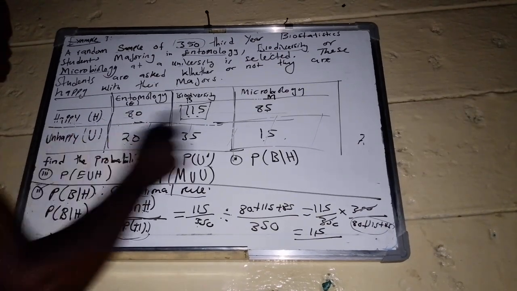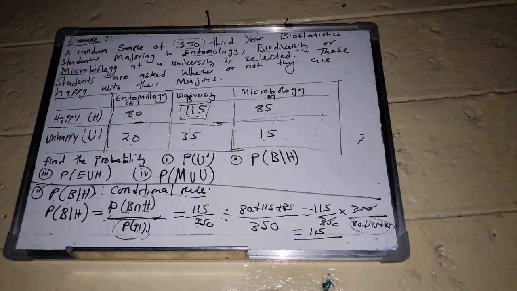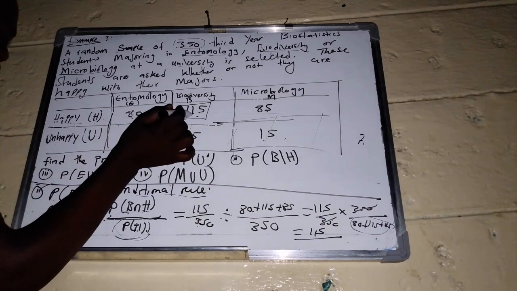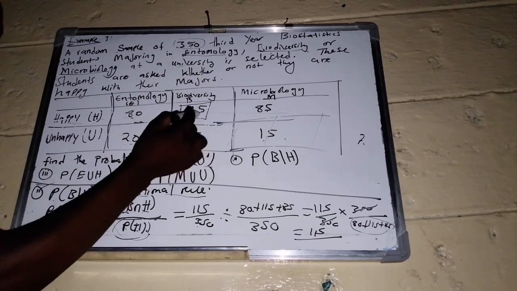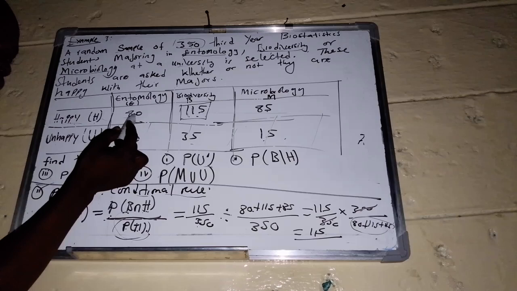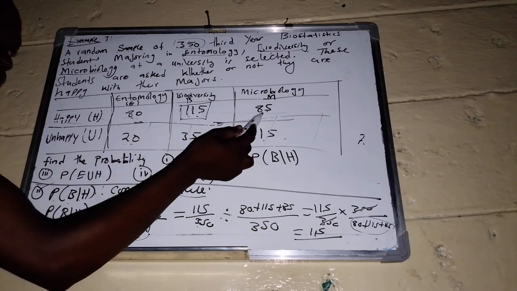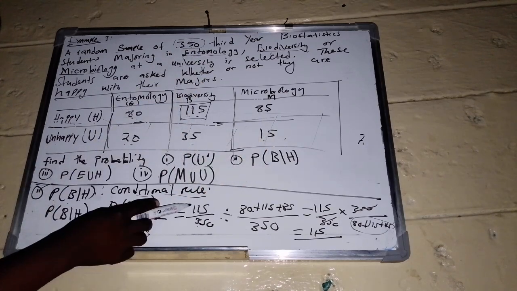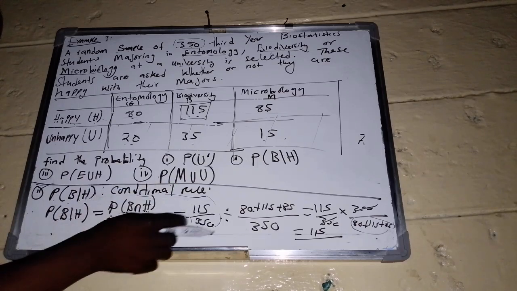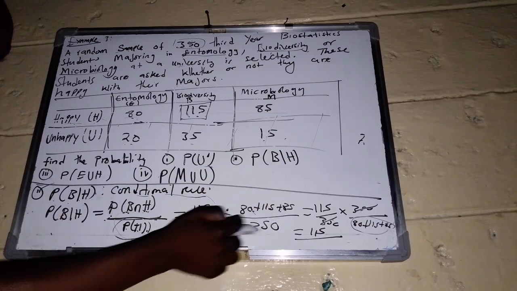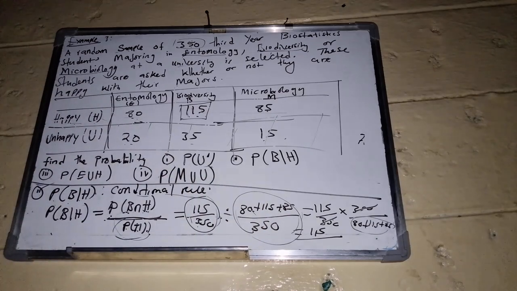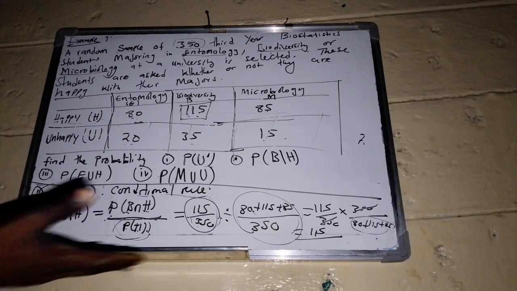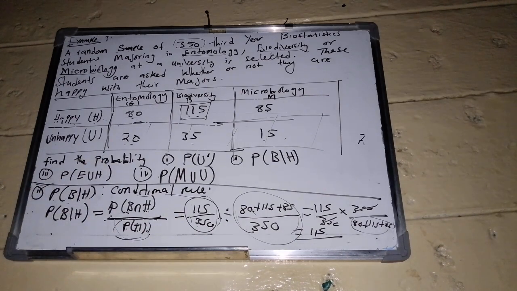Or, if you do not want to do that, find the probability of the intersection, 115 divided by 350, divided by the probability of happy, which is 80 plus 115 plus 85 divided by 350. So 115 over 350 is the intersection, and the summation of these three divided by 350 is the happy. With that, I'm able to find the probability of B given H.